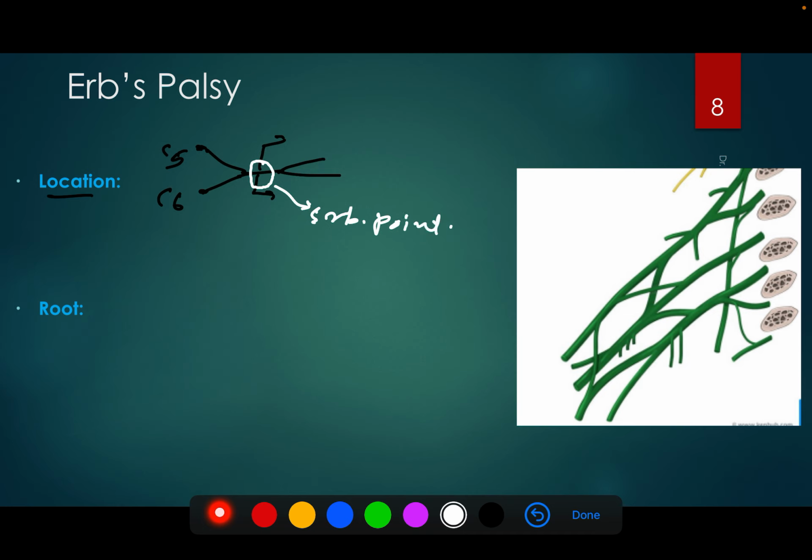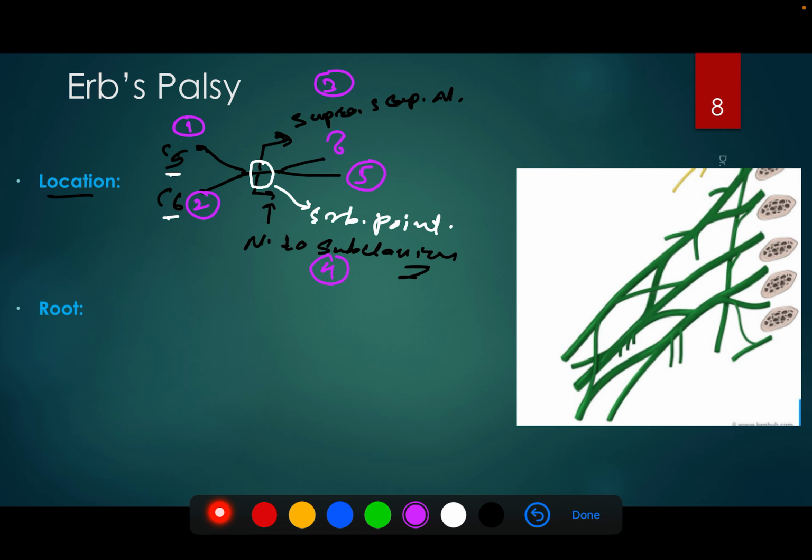So this Erb's point involves the C5 root, the C6 root, and this nerve which is going up, that is my suprascapular nerve, and this nerve which is going down, this is my nerve to subclavius, right? So how many things does it involve? Look here, 1 2 3 4 5 6, right?